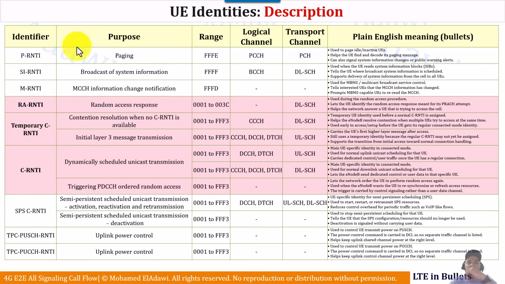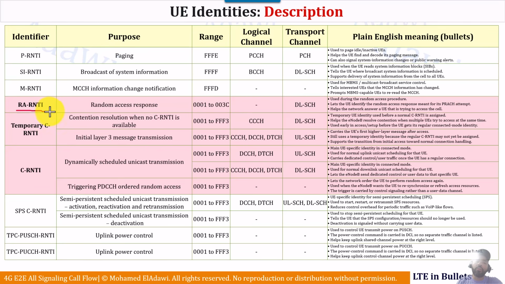So you have many different types. For example, the first one is called paging. This is mainly used during paging, in idle mode, so this helps the user, for example, to find and decode the paging messages. So we have multiple here. I will not discuss all of them. I'm just giving them here for information. But the main messages which we usually need during the initial access, I already discussed almost all of them.